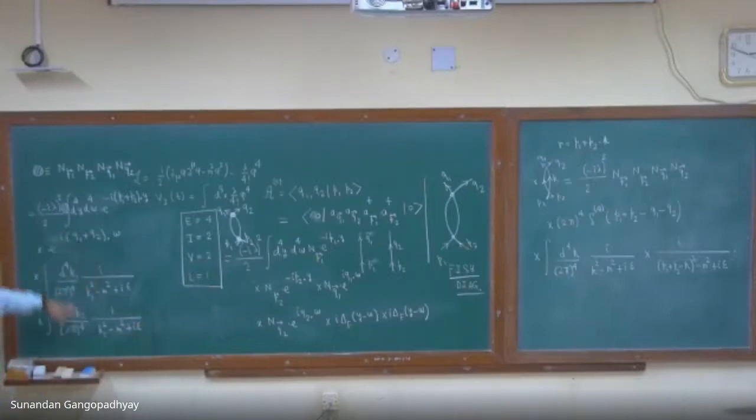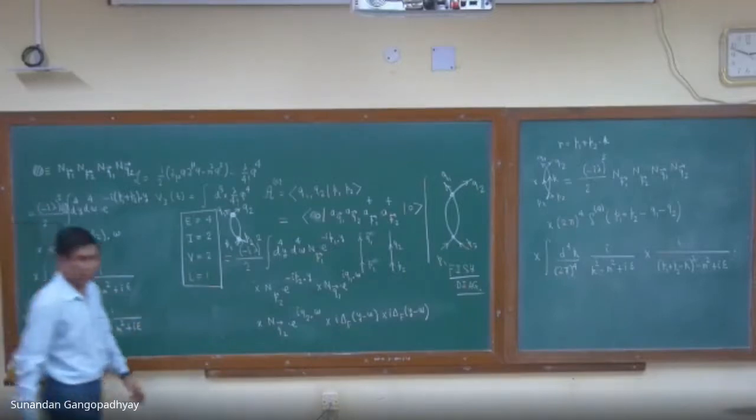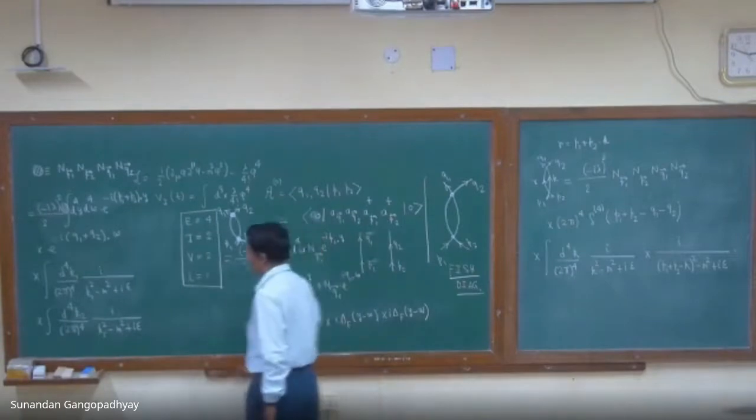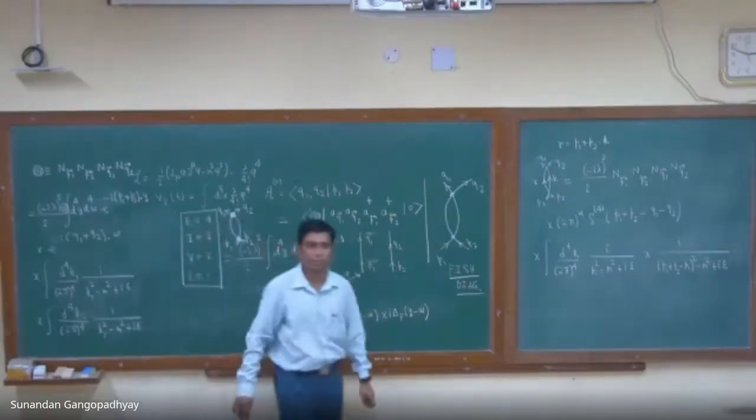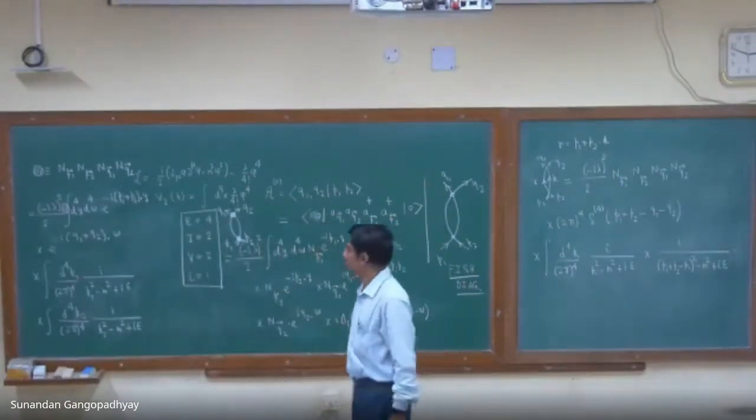Is this clear? We have just Fourier transformed this expression, written everything in terms of the momentum variables.